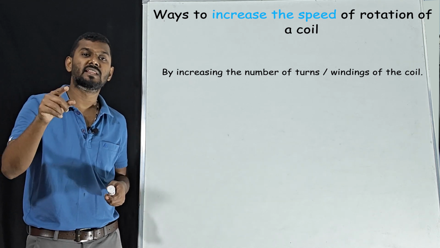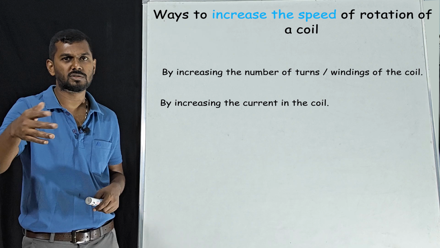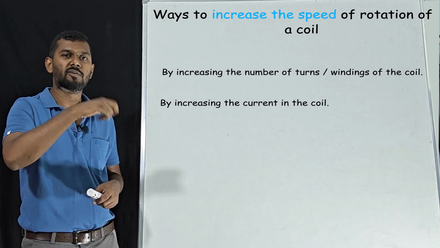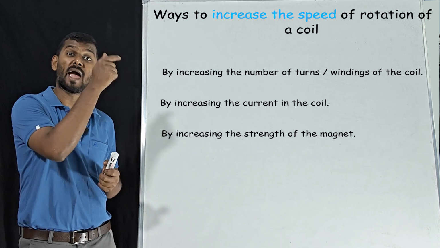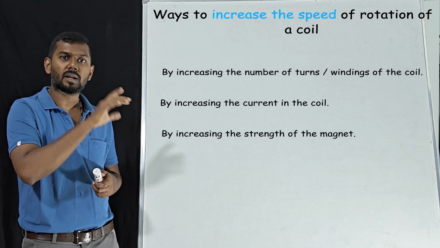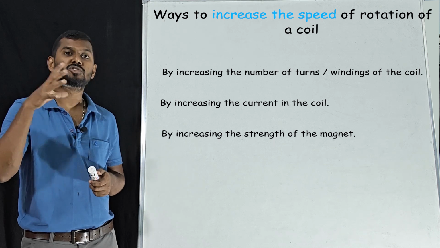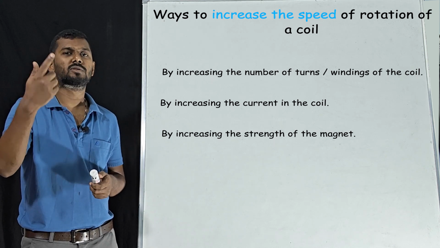Next, by increasing the current in the circuit, more current, more will be the force. If force is more, then the speed will be more. Then by increasing the strength of the magnet, which we have used, a normal magnet. If we use stronger magnets, the force will be more, and the more the force, the more the speed.